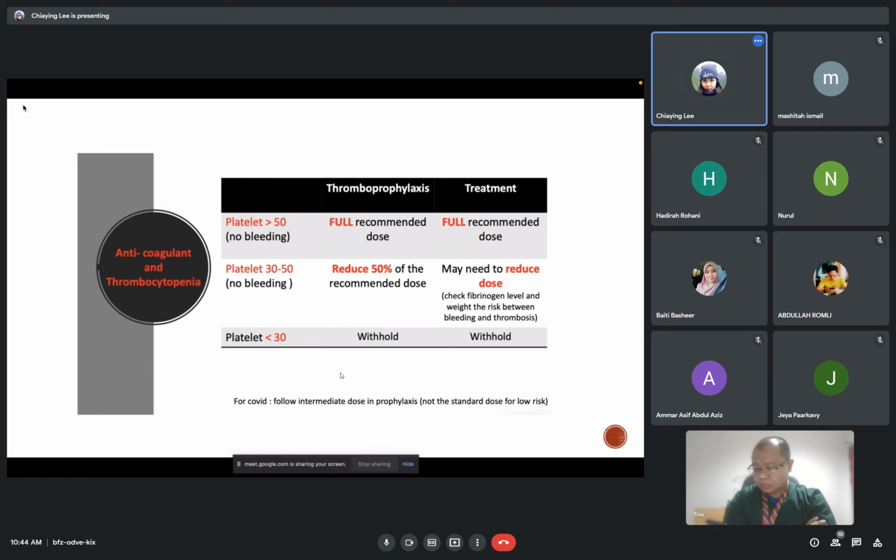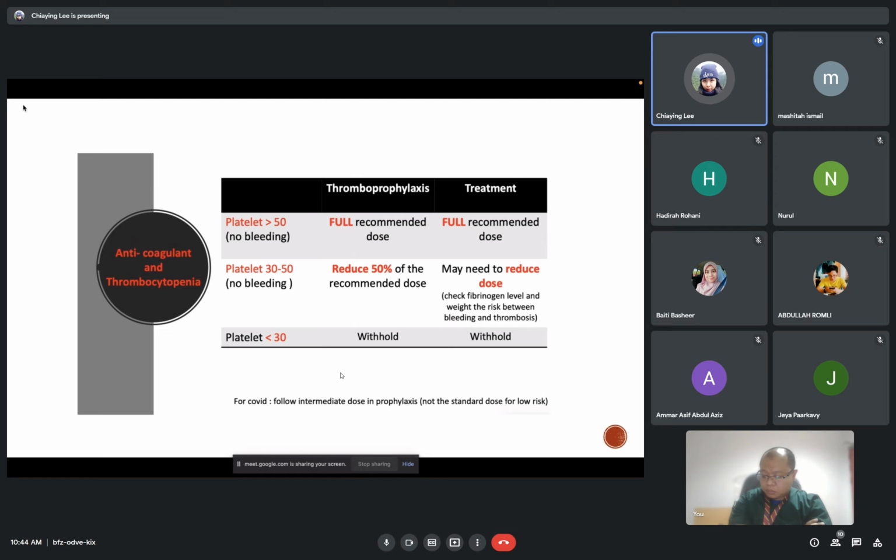Okay. So, if the patient has thrombocytopenia, we need to watch out because if you are giving an anticoagulant, it may cause a bleeding tendency. But if the patient has platelet of more than 50 but no bleeding, you can go on with the recommended dose.